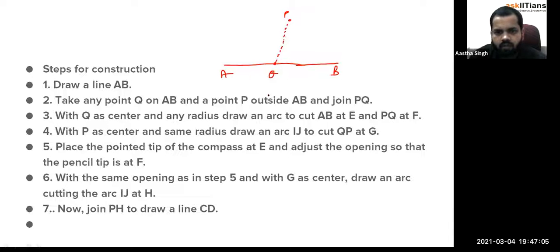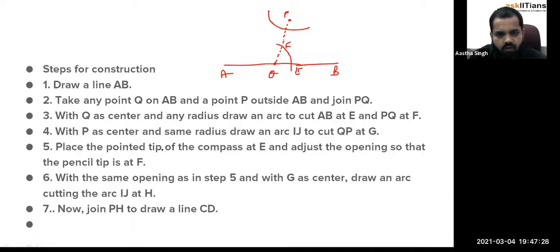With Q as center and any radius, draw an arc that cuts AB at point E and QP at point F. With P as center and the same radius, draw a whole arc like this.